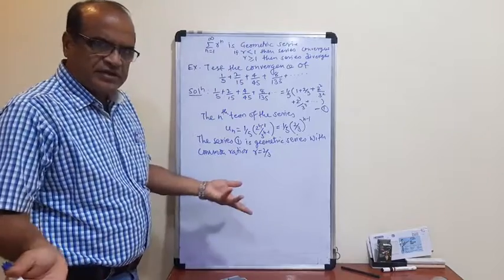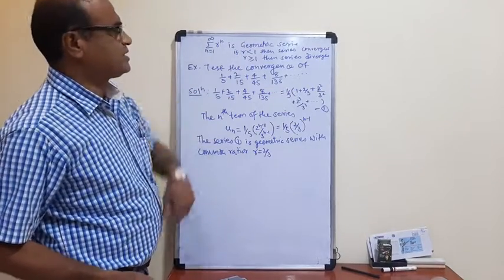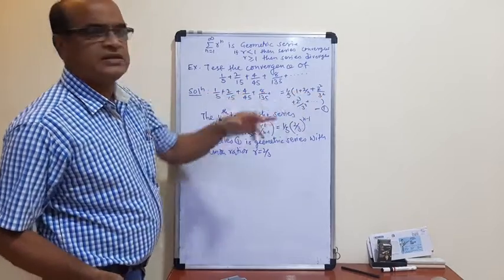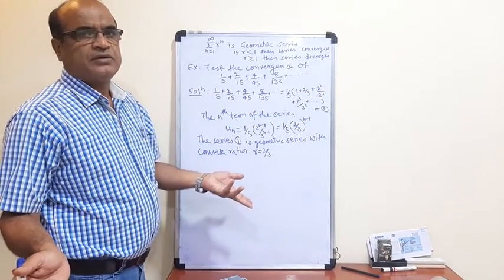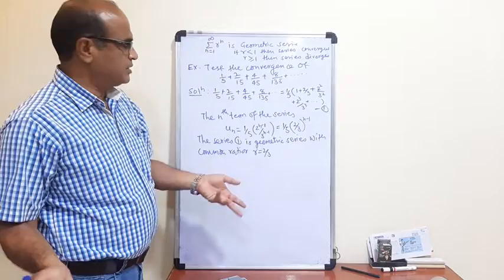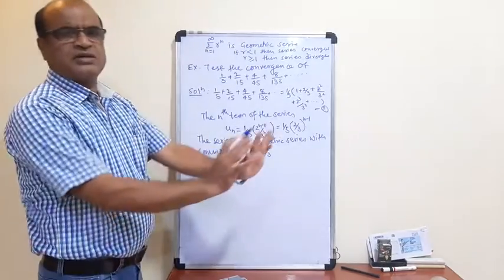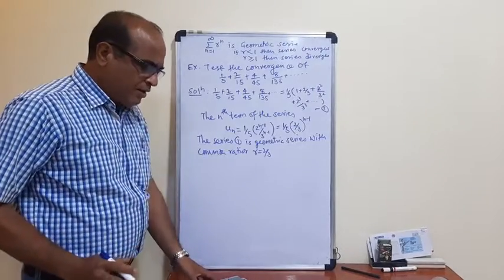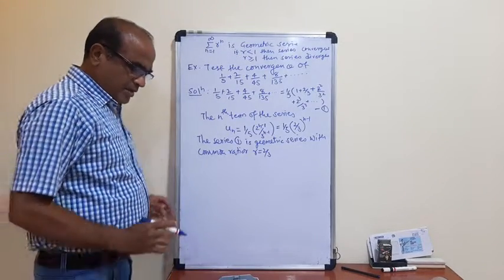Okay, so this is very simple here. This is a geometric series with common ratio, this divided by this is 2 by 3. The ratio of two consecutive terms is 2 by 3, and this is constant throughout, so it is called the common ratio.